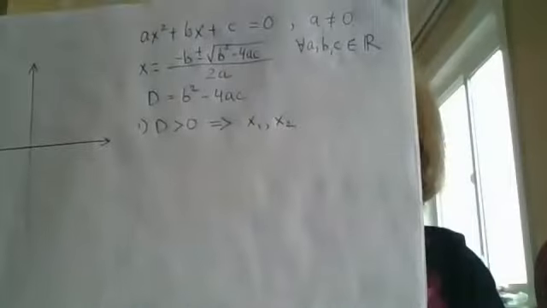What would be the outcome here? In this case, you will always have 2 solutions not equal to each other, x1 and x2, which belong to set R. In other words, when the discriminant is positive, you will have 2 distinct real solutions for any quadratic equation.